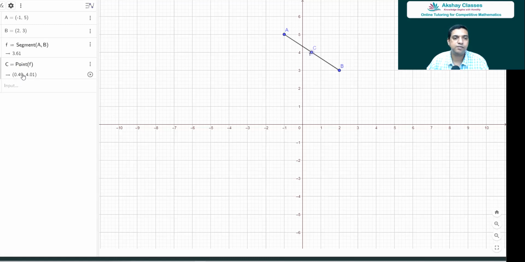0.5. The point is changing. When it comes to midpoint, it changes.